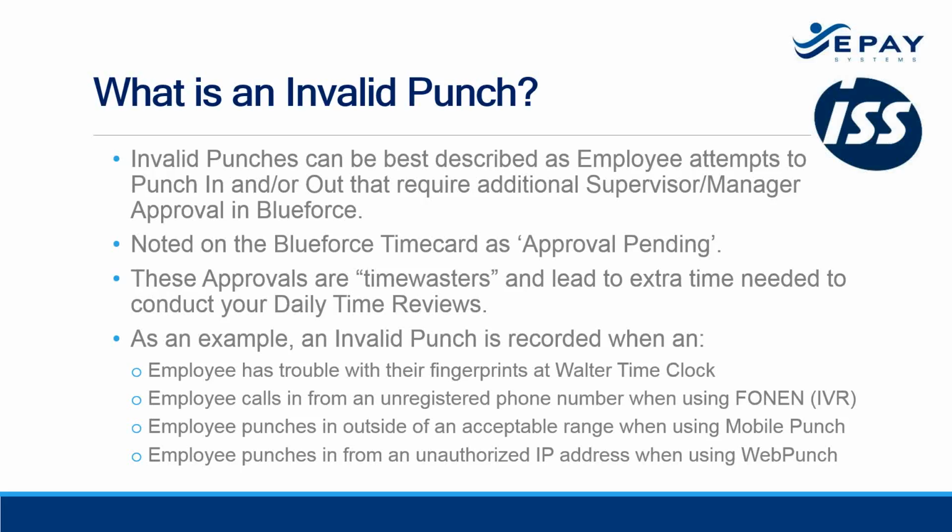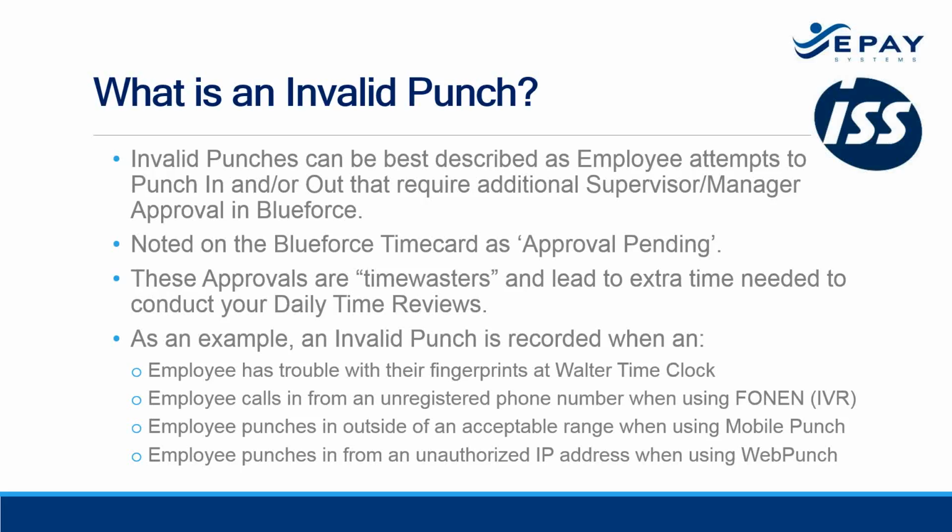Whenever an invalid punch is recorded by Blueforce, it is noted as approval pending on the employee's Blueforce time card. These approvals are essentially time wasters, because they lead to extra time needed to conduct your daily time reviews. For everyone on this call, we, the IT pay team, stress that we do daily reviews of time.